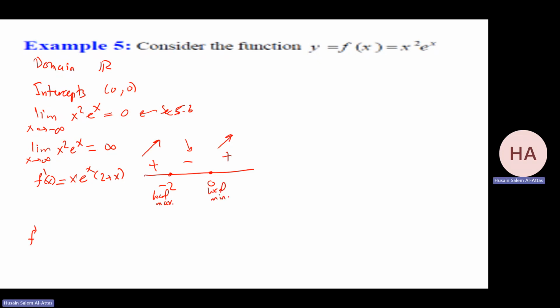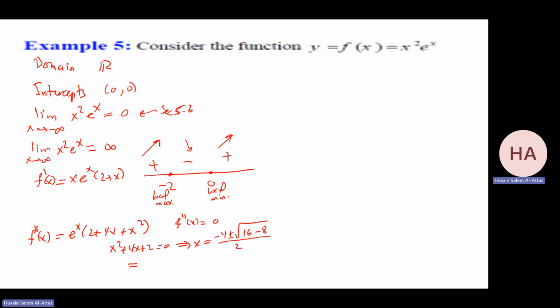F double prime. Do the calculations, you'll get something like this: 2 plus 4x plus x squared. So I need f double prime equals 0. I need to solve this equation, which has a solution. X will be what? -4 plus or minus square root of b squared, 16 minus 4ac, which is -8, over 2.